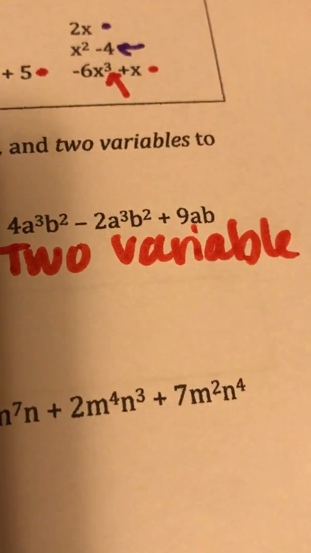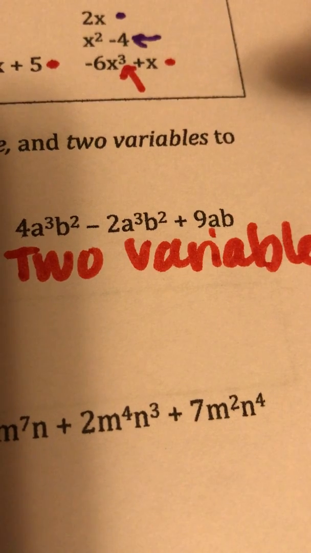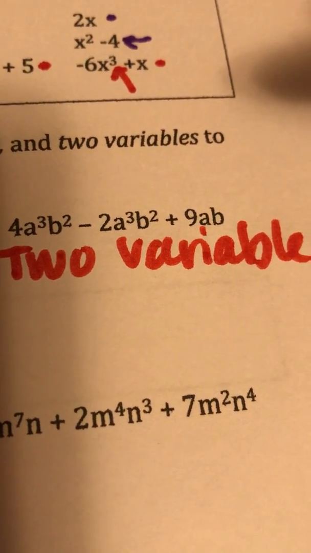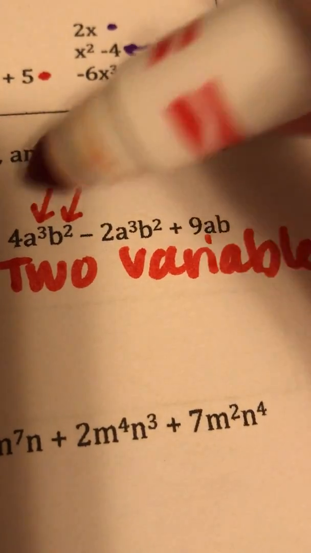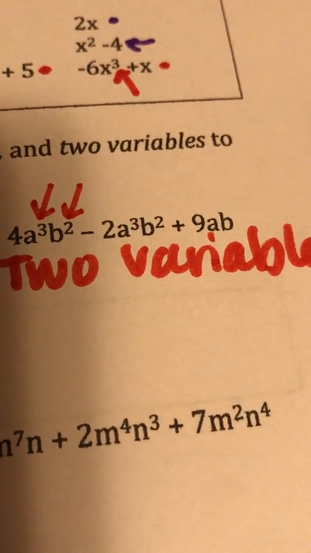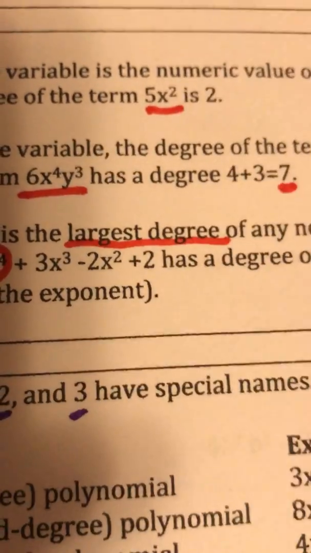Now, we're looking at the degree of this polynomial, and we said that it's the largest degree of any non-zero term. Okay, but the other thing that we have to consider is that this term here has a 3 and a 2. Okay, so if a term contains more than one variable, remember we have to add together those exponents to determine the degree.